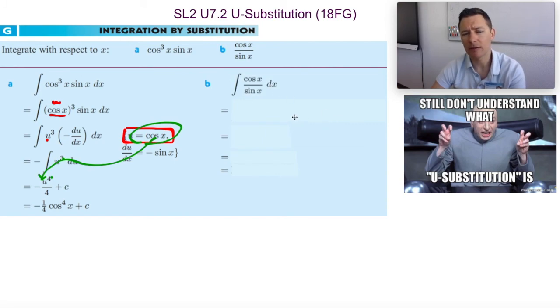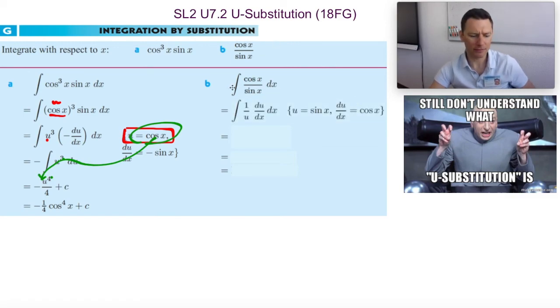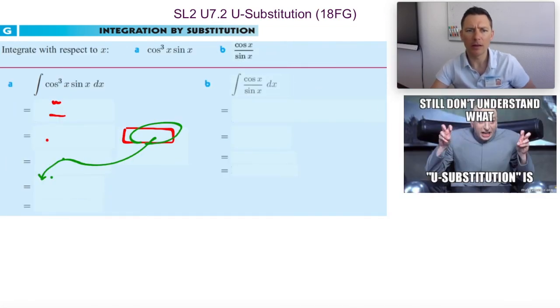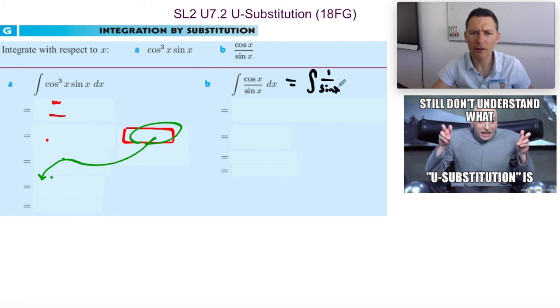Maybe rewrite it. I guess you don't have to rewrite it, but I would. Let's rewrite this as the integral of 1 over sine x times cosine x dx. dx just means with respect to x. So I think that this will be u, so u is going to be sine, and this is its derivative, right?